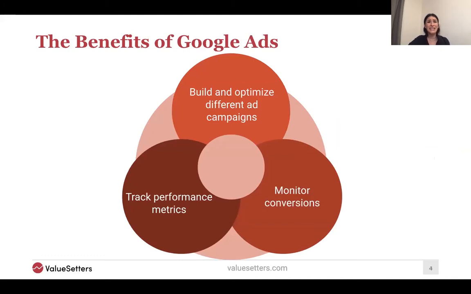A lot of that is manual levers that we can pull, but Google also maintains its own algorithm that optimizes your ads based on a few different things. The most impactful of those being ad relevancy to the keyword that's searched, and alignment with Google best practices.